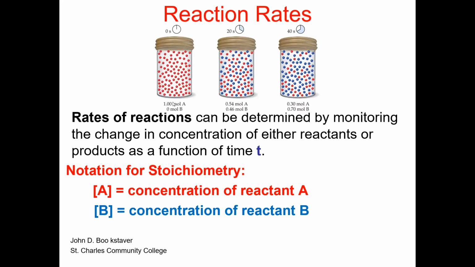Look at it from here: we have 1.0 mole of A at time 0, but at 20 seconds we have 0.54 mole of A, meaning that it decreased by 0.46 mole.